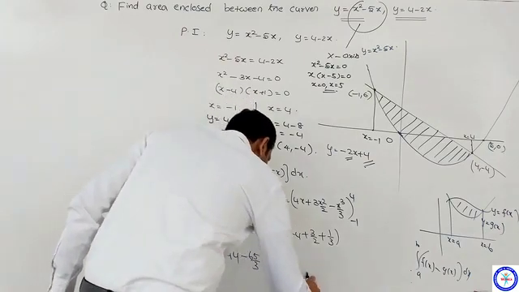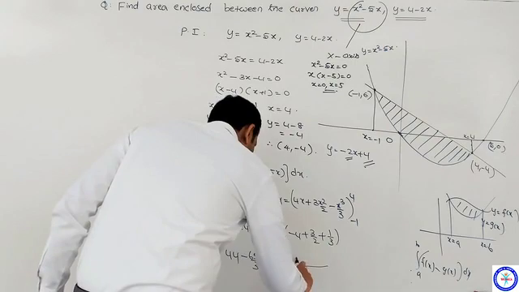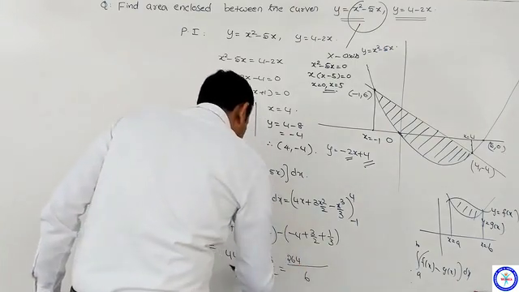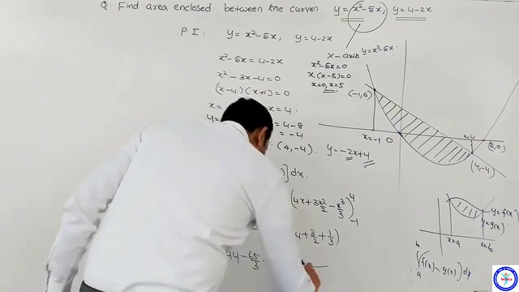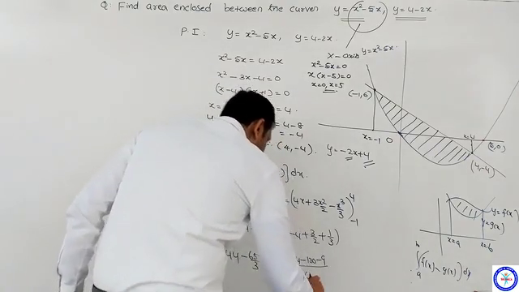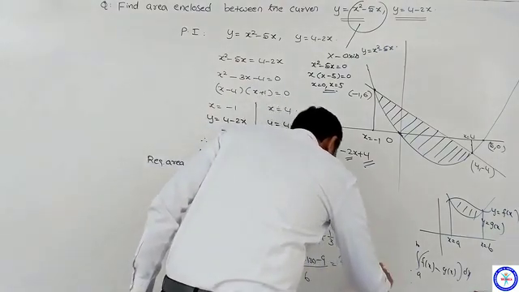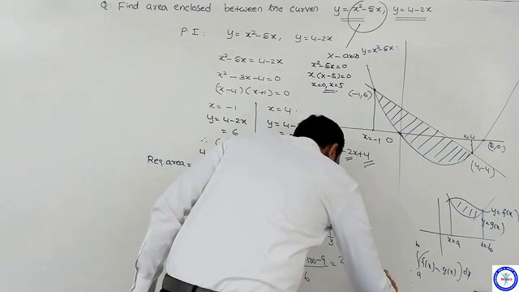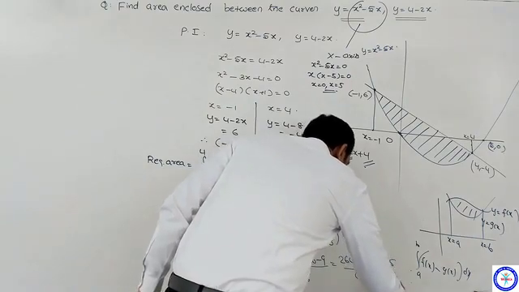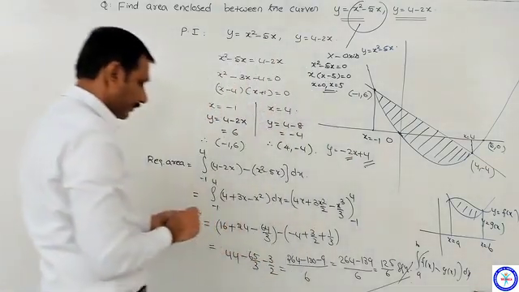Here LCM 6, numerator it is 264 minus 130 minus 9. It is equal to 264 minus 139 by 6, equal to 125 by 6 square units.